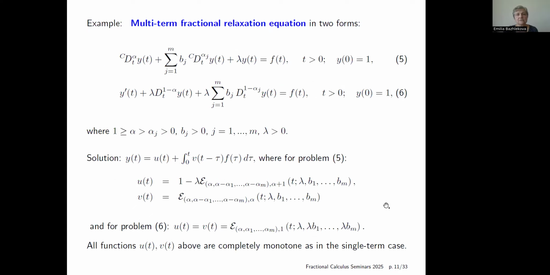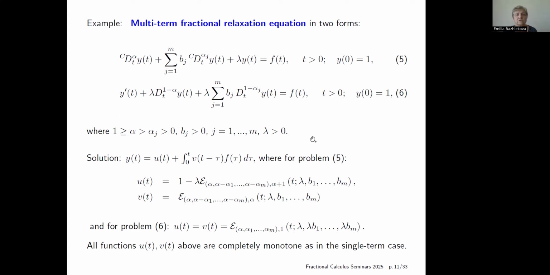So this is the function, and since it emerges in the solutions of multi-order fractional equations, let me give an example. The multi-term fractional relaxation equation in two terms, equation 5 with Caputo fractional derivatives, and equation 6 with linear combination of Riemann-Liouville fractional derivatives.